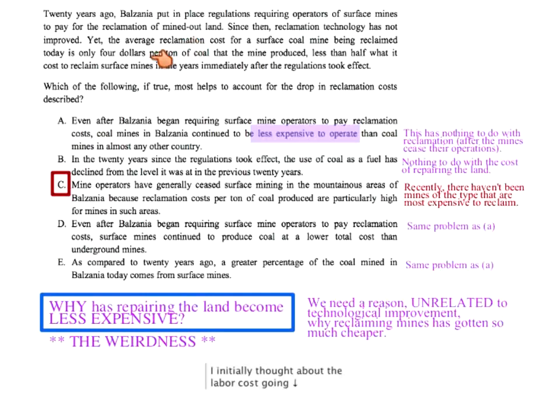But remember, this is a gigantic decrease. I mean, this is like a more than 50% decrease. And if you think about reclaiming a mine, that's probably more of a technology thing than a labor thing, because you can't reclaim a mine with, you know, people with shovels and stuff.